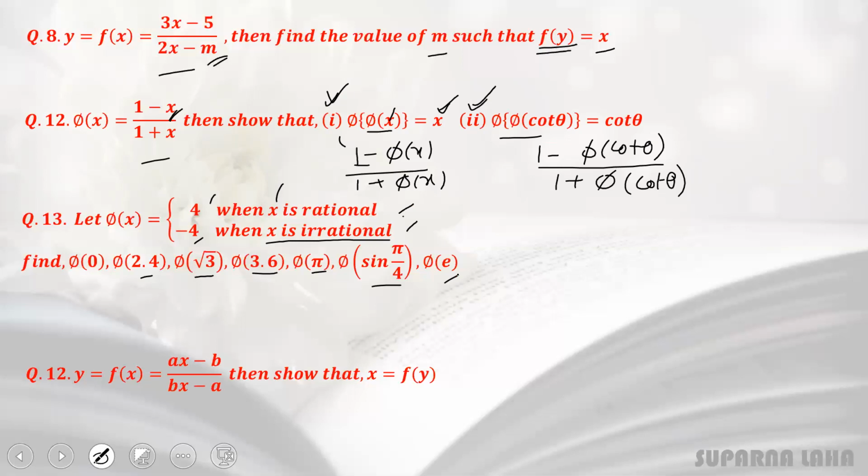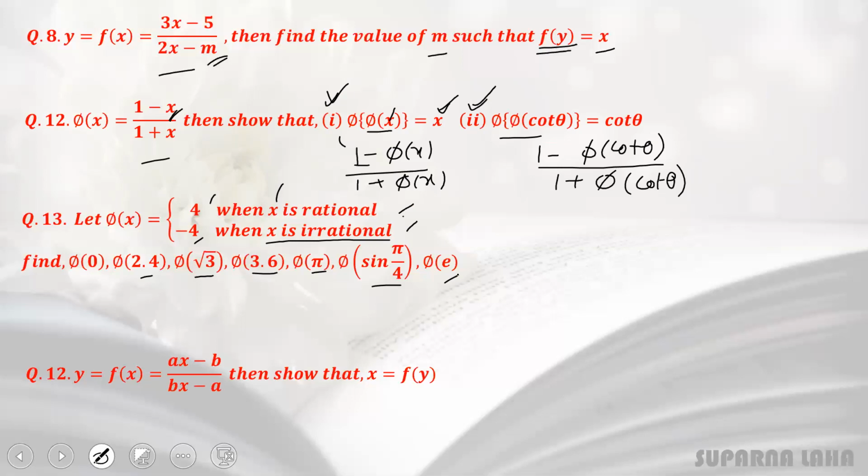So firstly, separate them. If it is rational, then its value is 4, and if it is irrational, then the value of the function is -4.